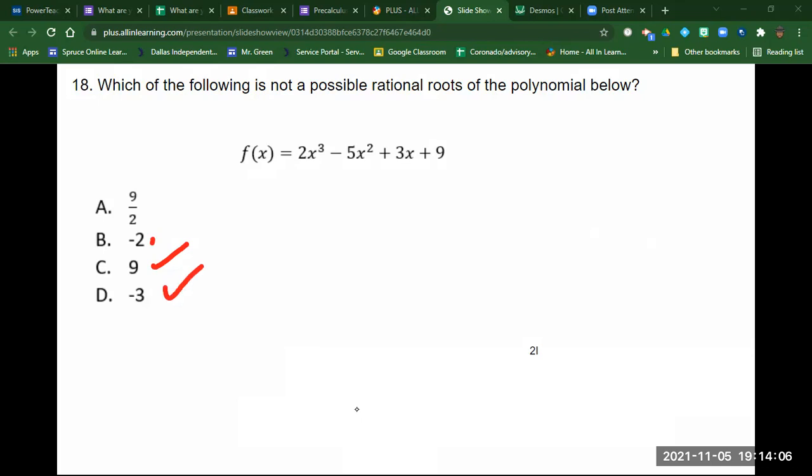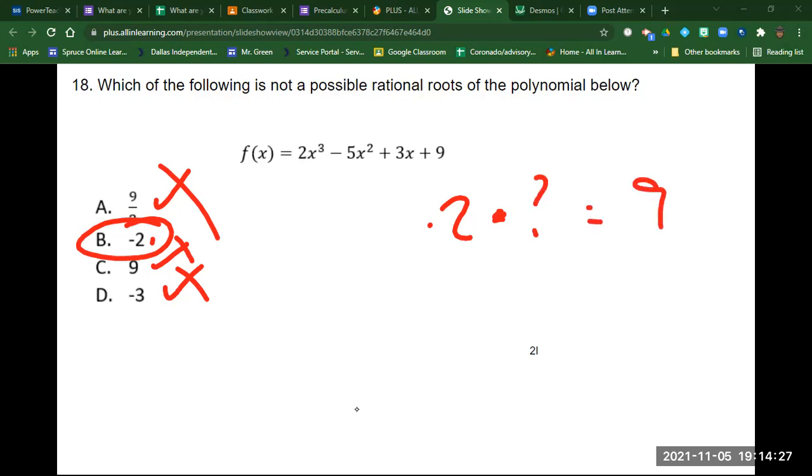Negative 3 is a factor of 9. And of course, this is a factor of 9 and a 2, but 2 is not a factor of 9. So that's the answer. Actually, these should be X's. Because negative 2 times what is equal to 9? All right, so, not a factor. Let's keep going.